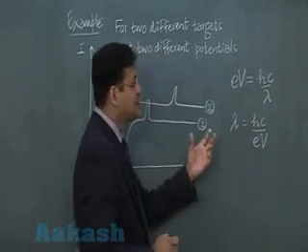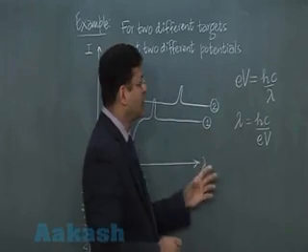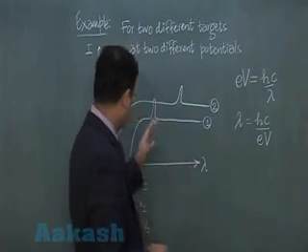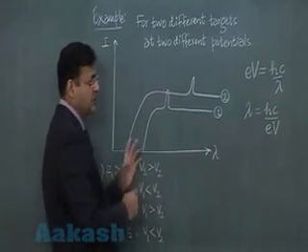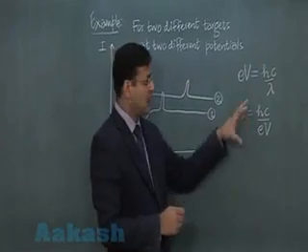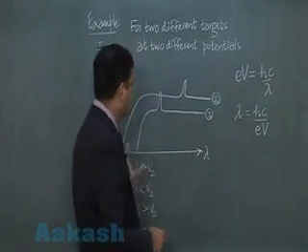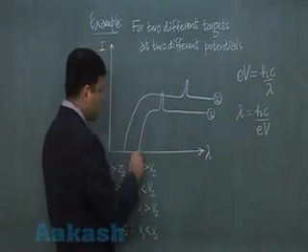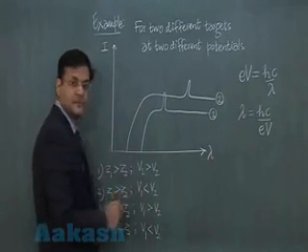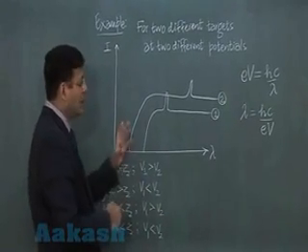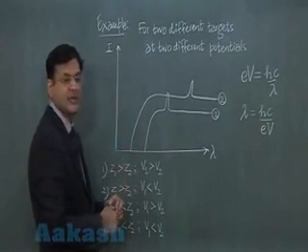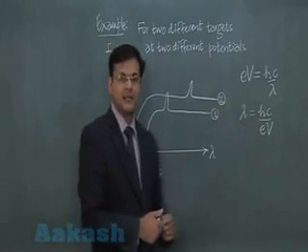Now, what do you learn from this particular place? If you look at this equation, it is concerned with this particular point in our whole graph, isn't it? The minimum wavelength of the X-ray spectra is being governed by this equation, hc by eV.